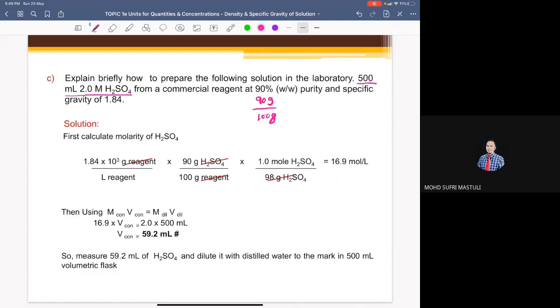So this specific gravity 1.84, because the density of water should be 1000 gram per liter.